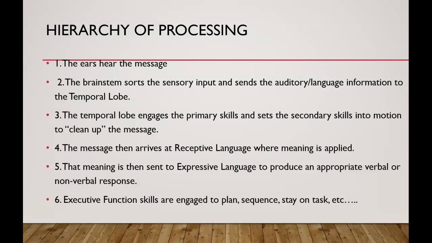So the hierarchy of processing a sound is: the ear hears the message and sends it through the outer, middle, and inner ear. From the inner ear, the auditory nerve carries that signal to the brainstem, and this is where the processing begins. The brainstem sorts the sensory input that's just been received, and it sends the auditory and/or language information to the temporal lobe. The temporal lobe engages the primary skills and sets the secondary skills into motion to clean up the message.